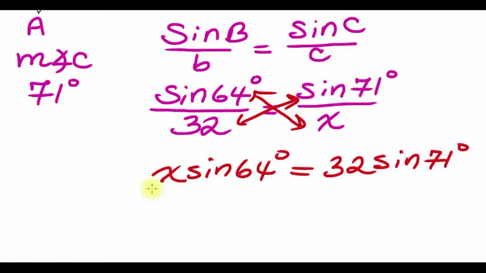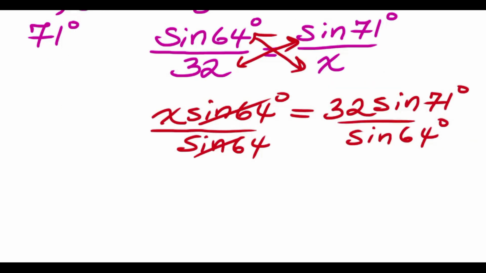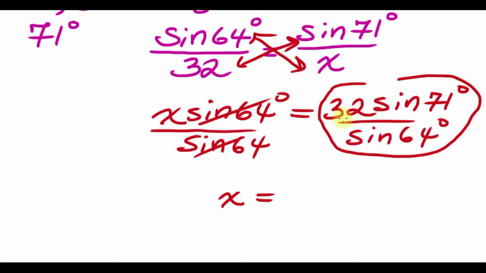To solve for x, we divide both sides by sine 64 degrees, and then we can cancel these out. You're left with x on the left-hand side, and here we have to use the calculator to punch this in. Make sure that when you put this into the calculator, the mode is in degrees because you're using degrees for the trig function.